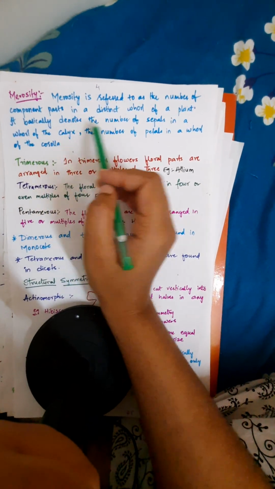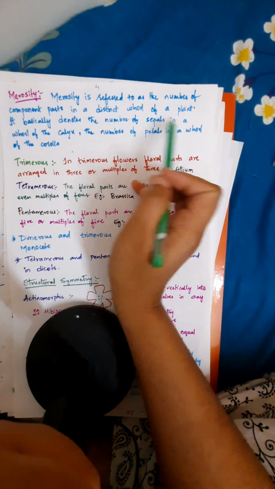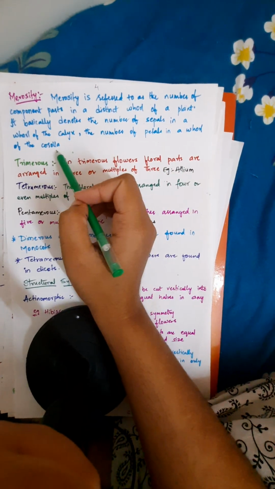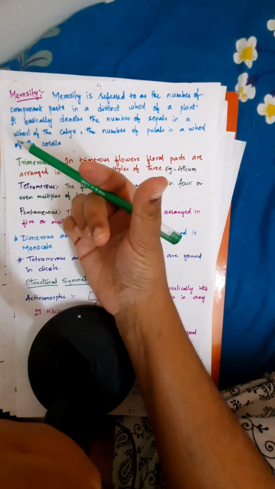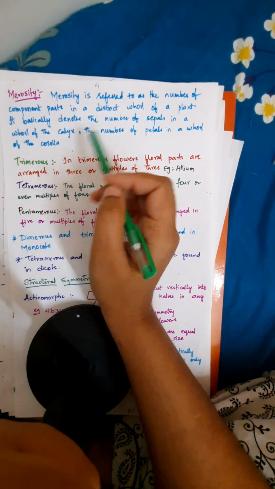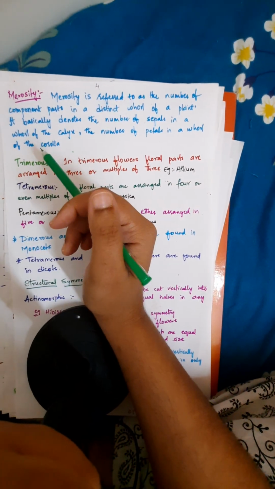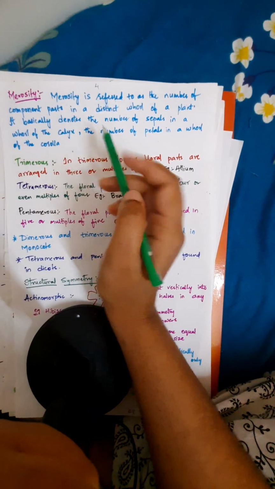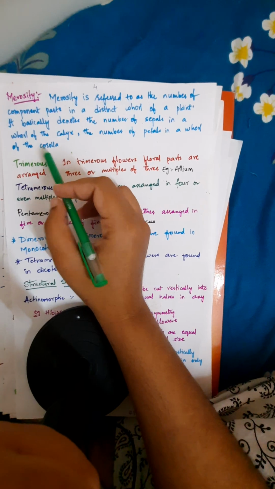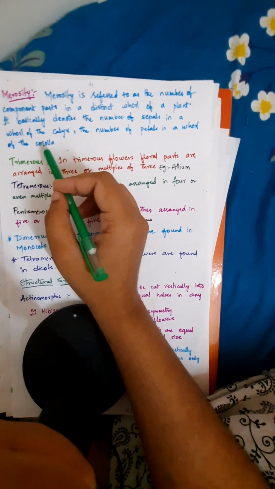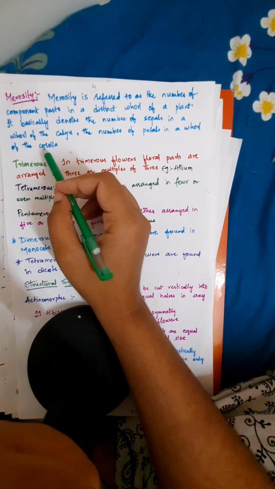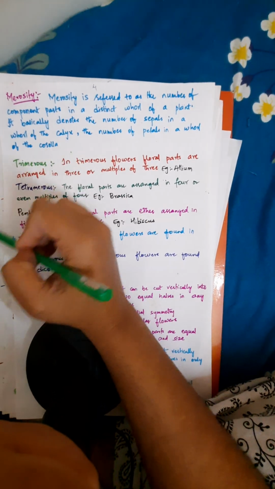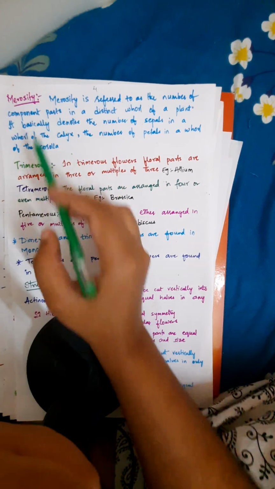It basically denotes the number of sepals in the whole calyx or the number of petals in the whole corolla. We say calyx, but how many sepals are there? Sometimes there are 4 sepals, sometimes 5 sepals. Same for the petals or corolla, it contains sometimes 3 petals, sometimes 4 and sometimes 5 petals. So this arrangement of calyx and corolla is known as merosity.